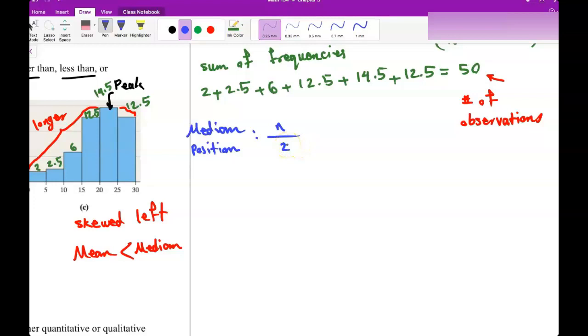So n is 50, divided by 2, we have 25. And here is n divided by 2 plus 1, so that is 26.